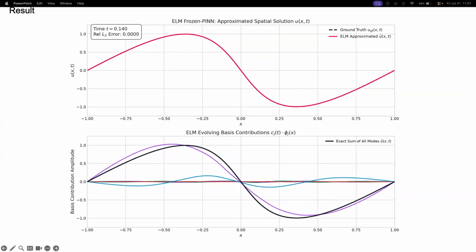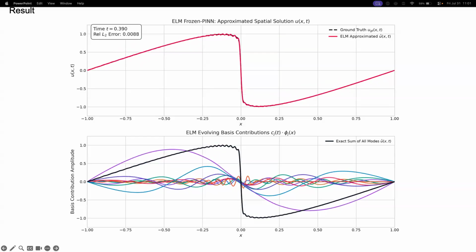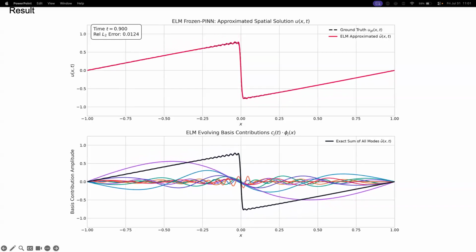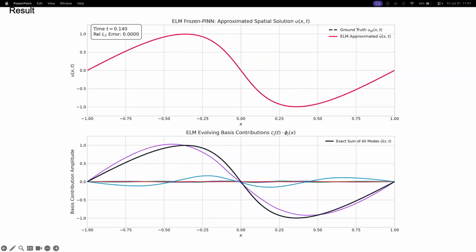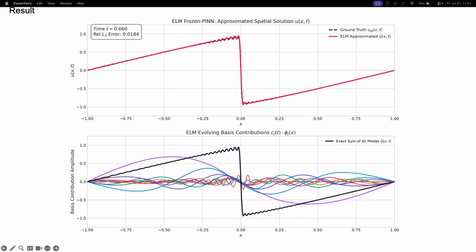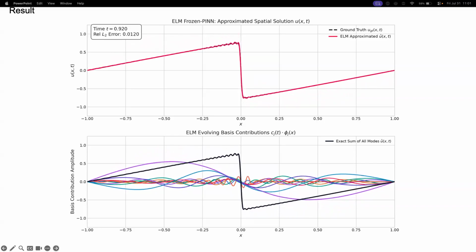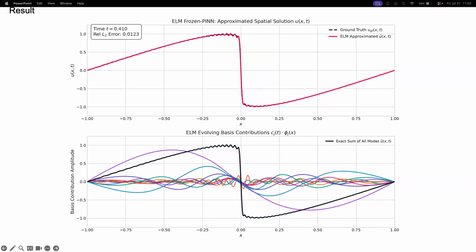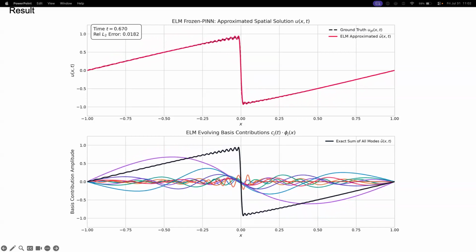So I think a better statement might be we select a large number of bases, which is quite general, but to check. The first test is at least it should successfully approximate the initial condition. That's just a necessary condition, but not a sufficient condition.